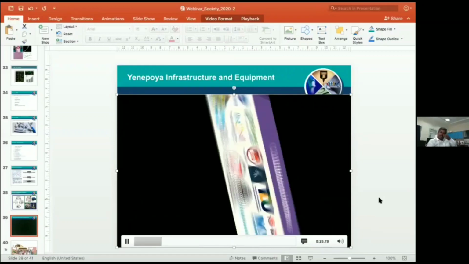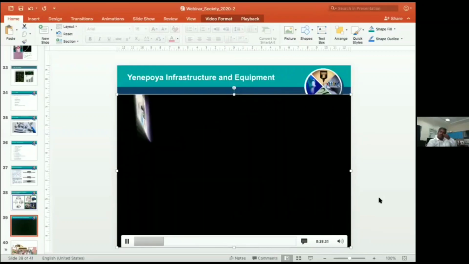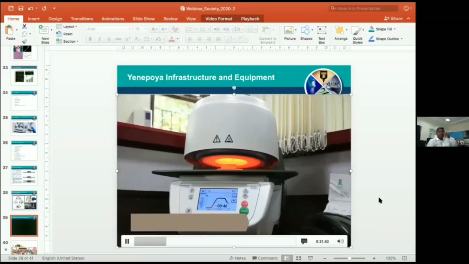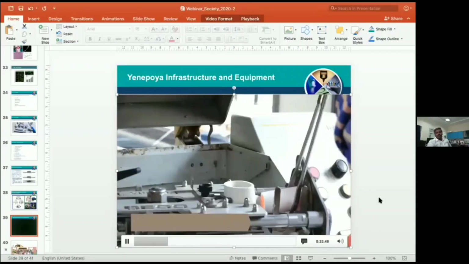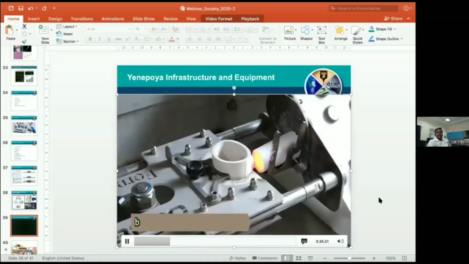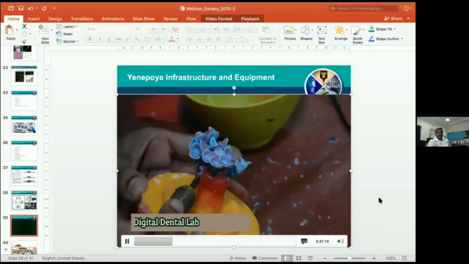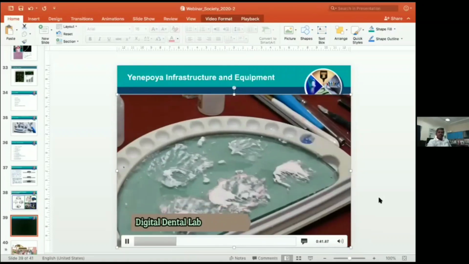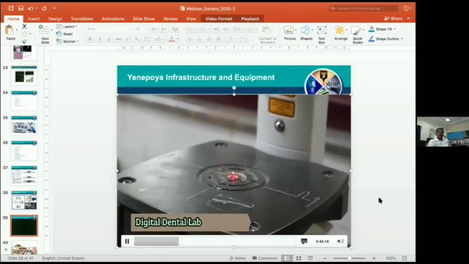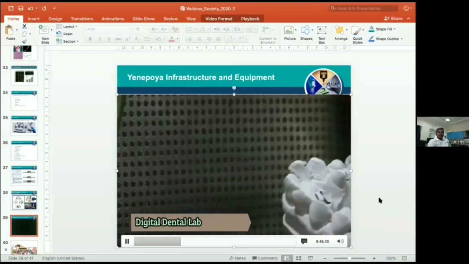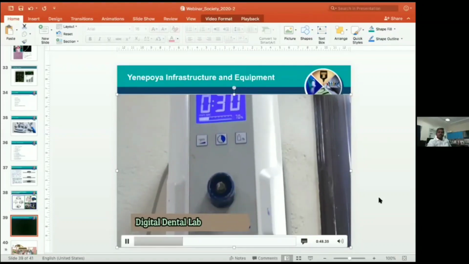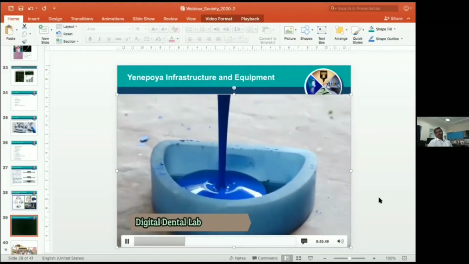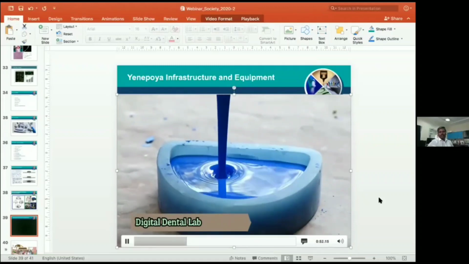We have an ABL laboratory and some collaborative works, and we are very specialized in dental college. We are developing all the bone grafts in-house, and these are the digital labs we have, and several clinical trials are going on with us.